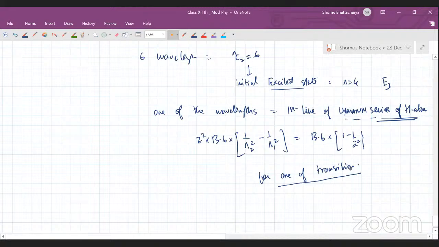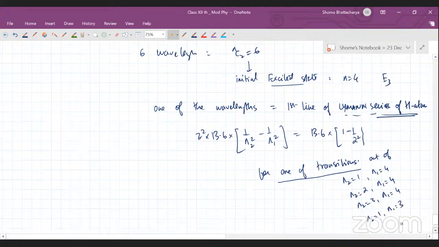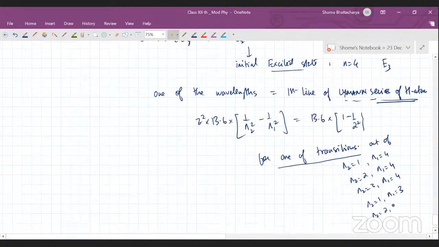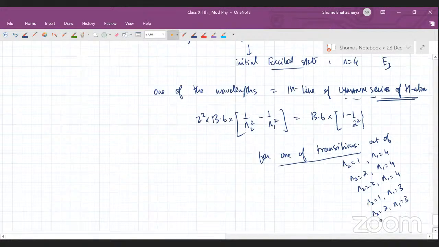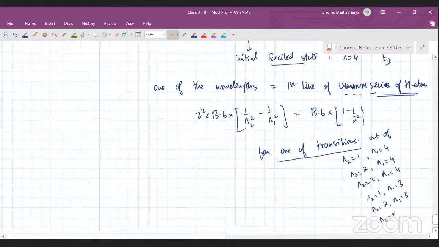So for one of the transitions out of all of these: n2 equal to 1, n1 equal to 4; n2 equal to 2, n1 equal to 4; n2 equal to 3, n1 equal to 4; then n2 equal to 1, n1 equal to 3; n2 equal to 2, n1 equal to 3; and n2 equal to 1, n1 equal to 2.